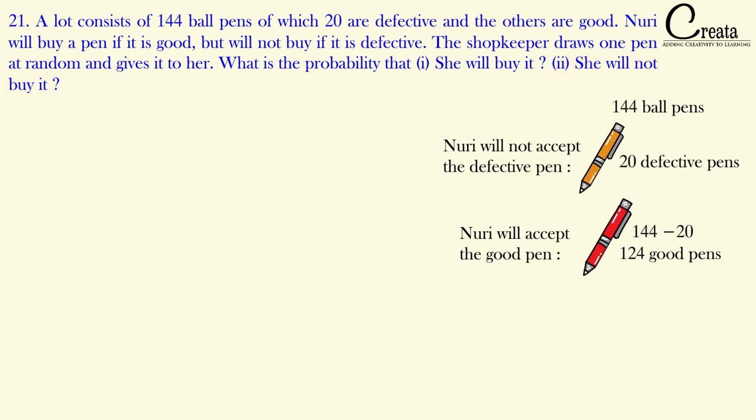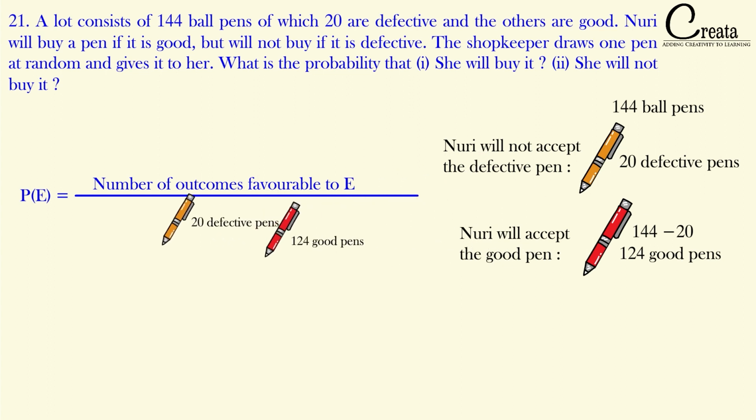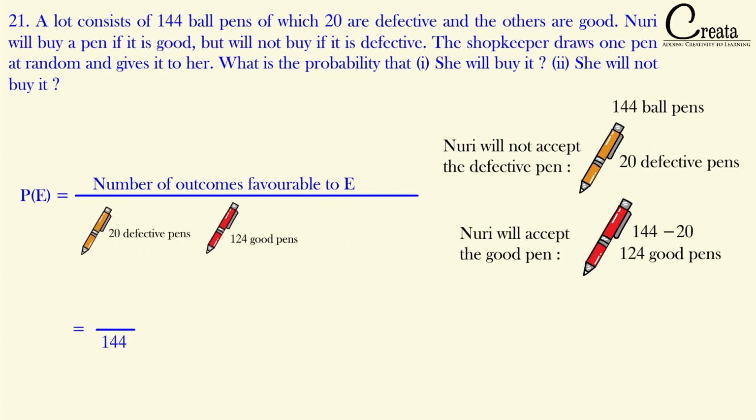Let's take the standard formula of the probability. As usual, we will start with the denominator. Let's identify the possible outcomes, the total possible outcomes. In this question, total 144 pens are given. So the total outcome will be these 144 pens, which includes 124 good pens and 20 bad or defective pens.